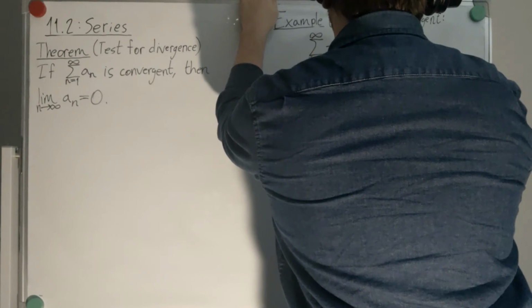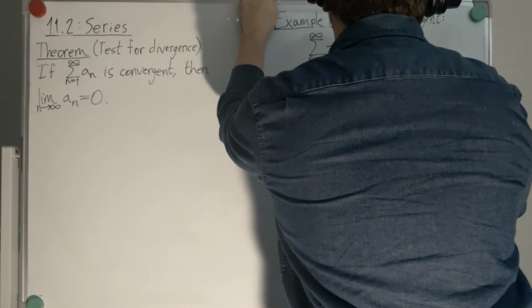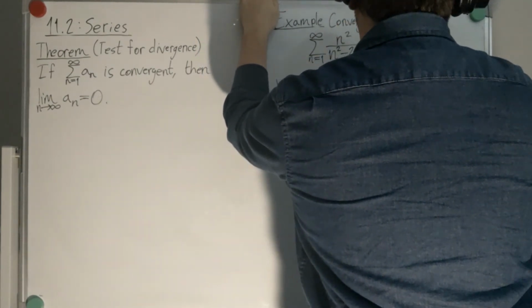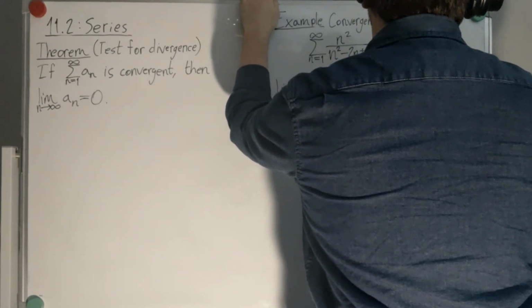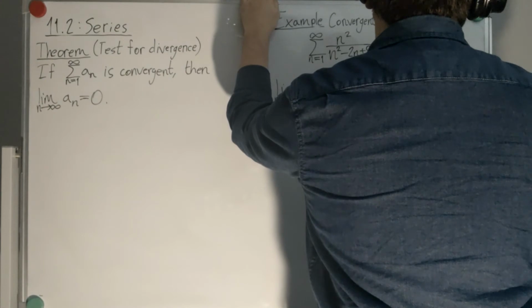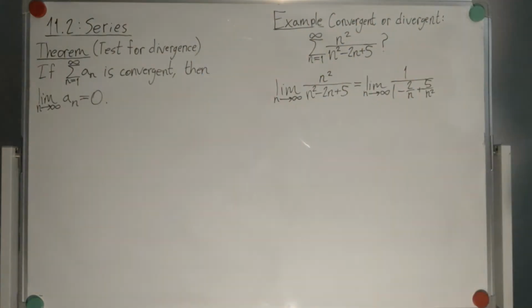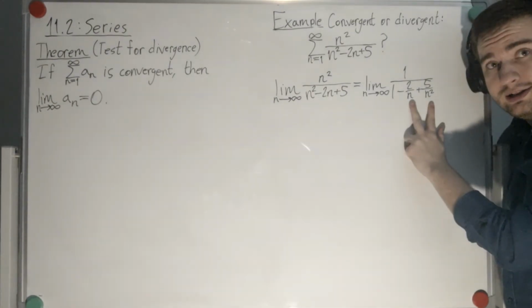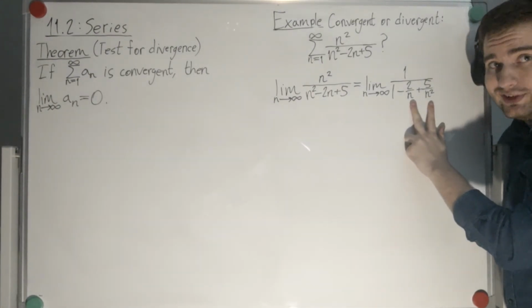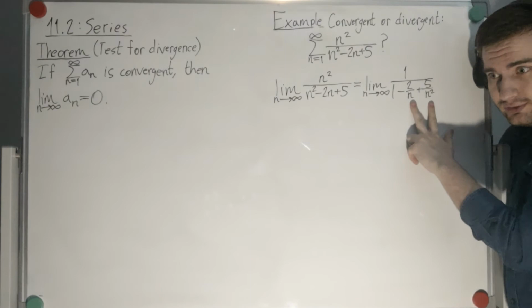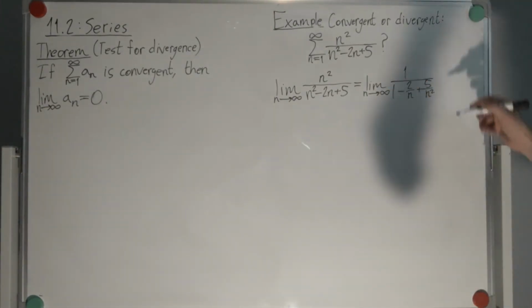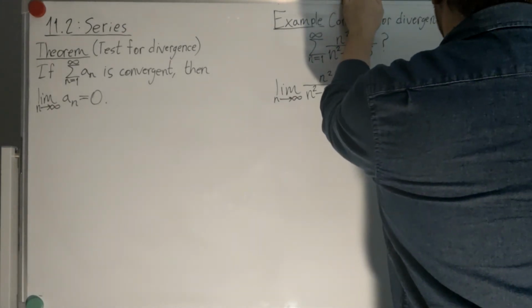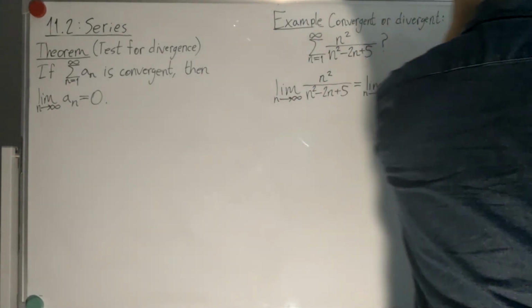So this becomes the limit as n approaches infinity of 1 divided by 1 minus 2 over n plus 5 over n squared. Now as n approaches infinity, both of these fractions, which have n in the denominator, are going to approach 0, because their denominators will just continue to grow without bound. And so this is 1 over 1 minus 0 plus 0, so that would make 1.